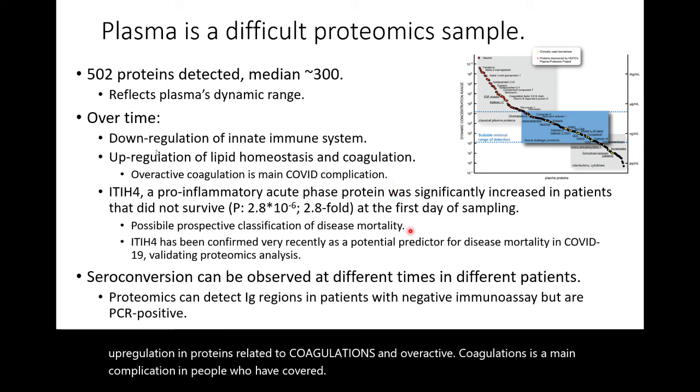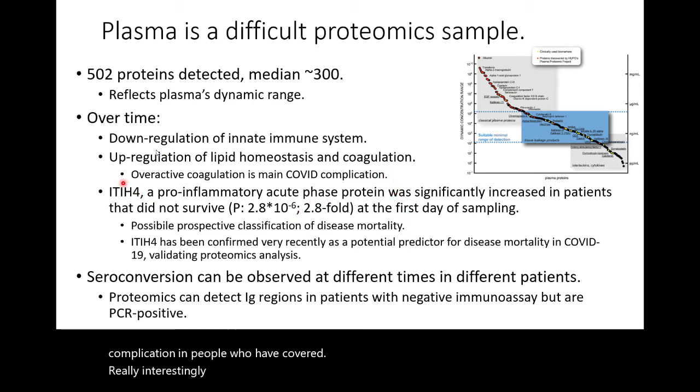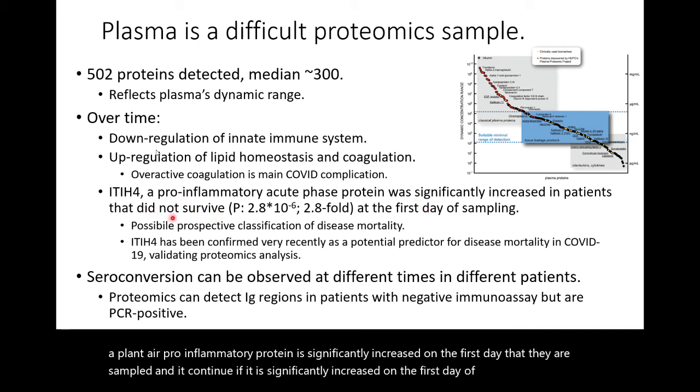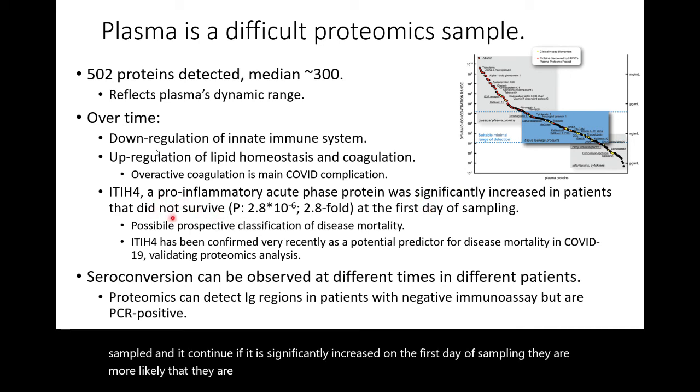Really interestingly was this finding here, where this particular protein here, which is known as a pro-inflammatory protein, is significantly increased on the first day that they are sampled. And if it is significantly increased on the first day of sampling, they are more likely that they are not going to survive COVID.